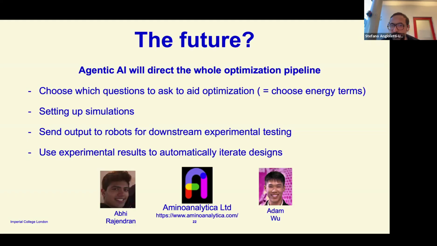It will be able to set up the simulation directly, and it will even be able to send the output directly to robots for downstream experimental testing, get the output of these robots, and use it automatically to iterate on the design. This is exactly what we are already doing with a company called Amino Analytica here in London, which is working on this type of problem.